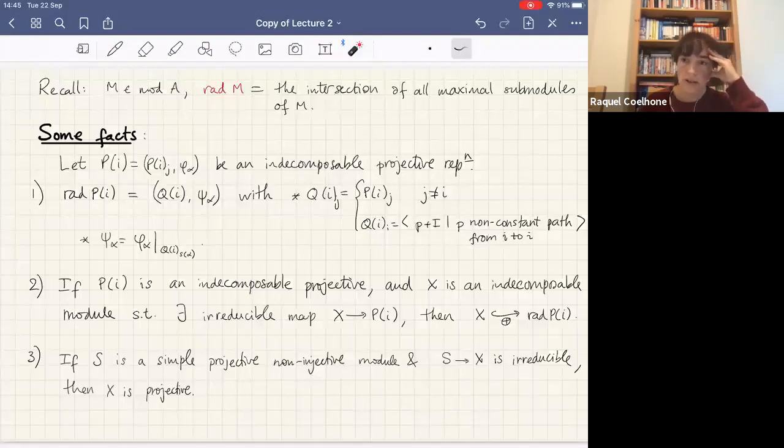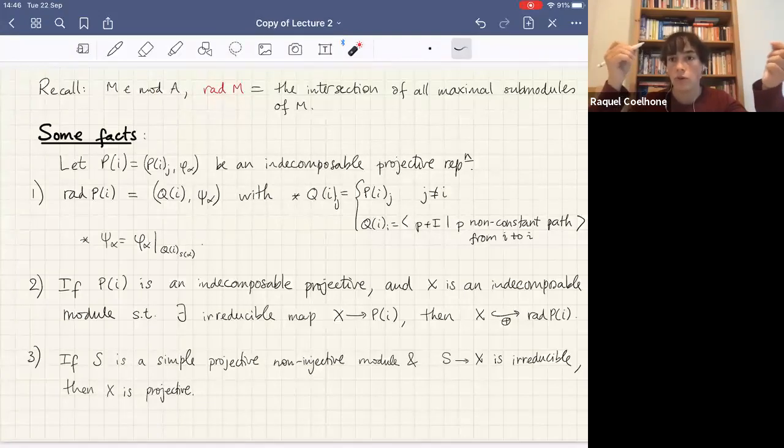This is a good starting point for our construction of the Auslander-Reiten quiver, and we're going to compute this for hereditary finite dimensional algebras of finite representation type. There, the quiver is acyclic, so there will always be a simple sink, meaning there will always be a simple projective, and it's not injective.